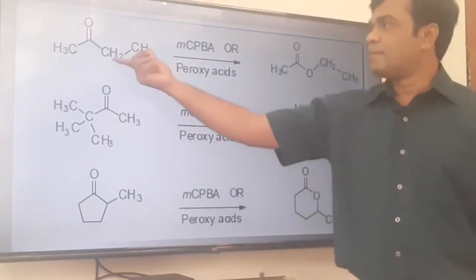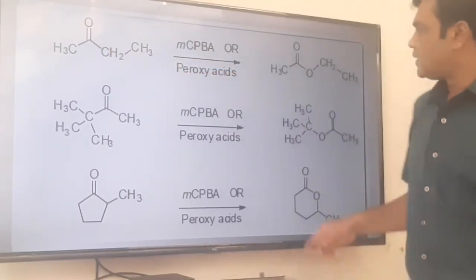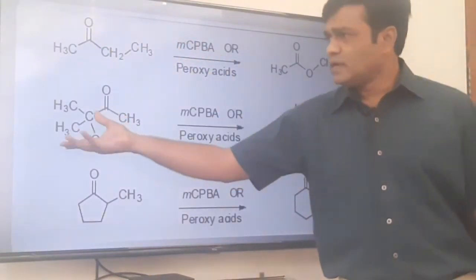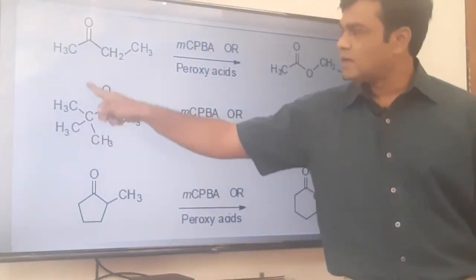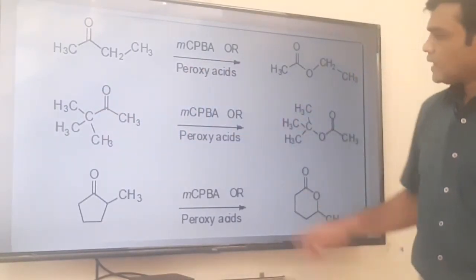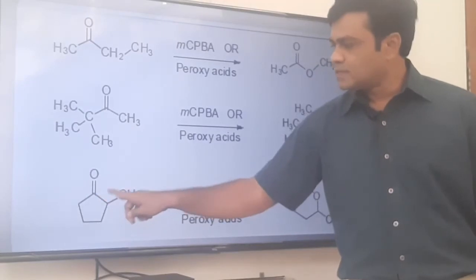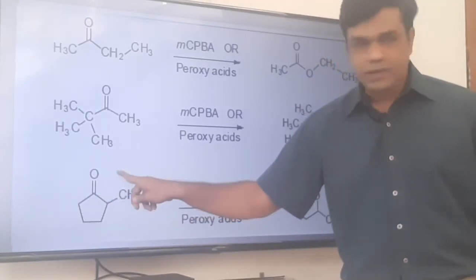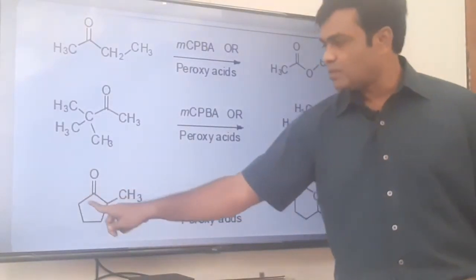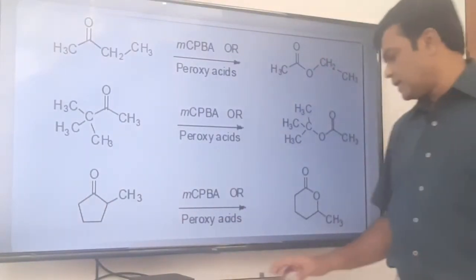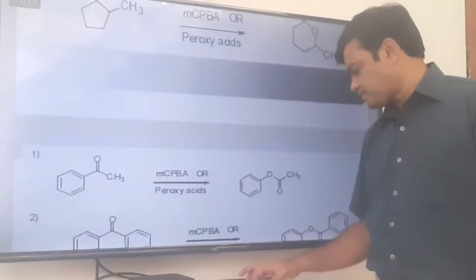So it is a bulky group, oxygen is incorporated there as compared to methyl. Here it is the tertiary butyl group which is bulky, oxygen is incorporated here. Here this side is more substituted, highly substituted, so oxygen will be incorporated from this side and not from this side. This is Baeyer-Villiger oxidation.